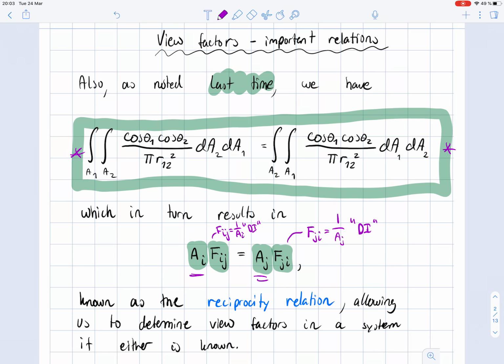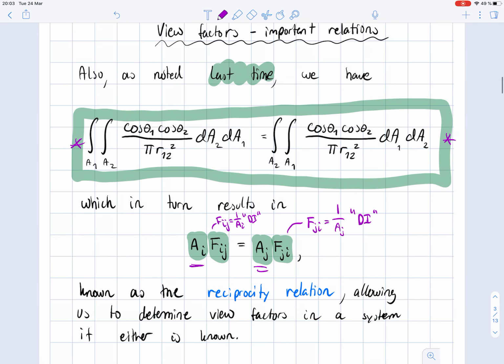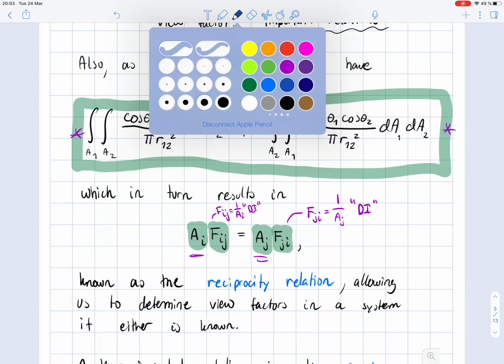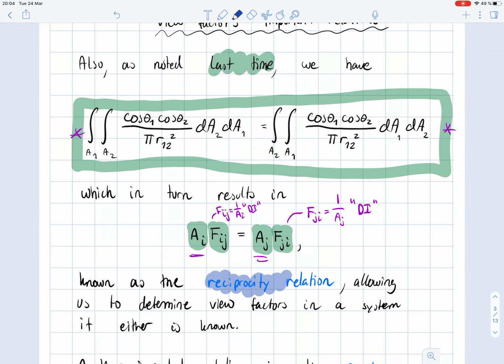This relation between areas and view factors is known as the reciprocity relation, or the reciprocal relation. And this is very useful because it allows us to determine view factors in a system where we know the other one.